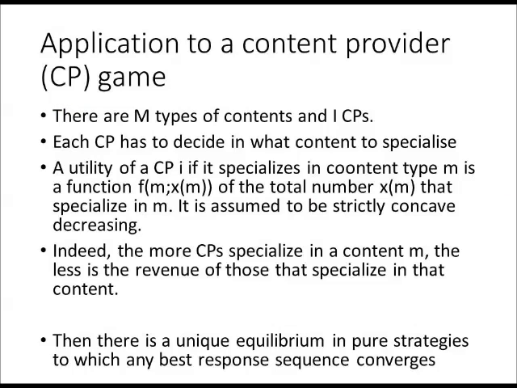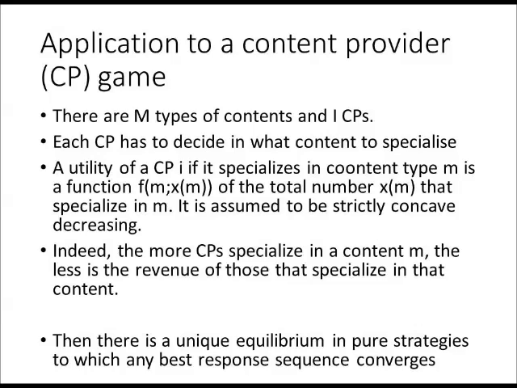We are now ready to introduce the first problem related to content dissemination in a social network, that of deciding what content to specialize in. We assume that there are m types of contents and I content providers. Each one of these content providers has to decide in what type of content to specialize.